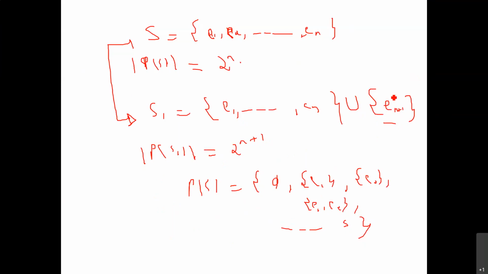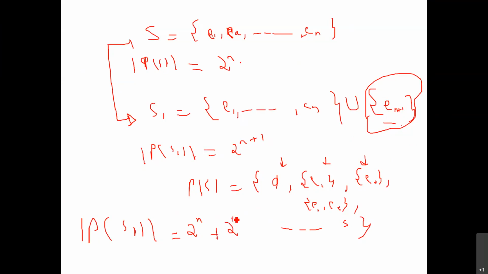The only difference now that we added a new element is that all of these subsets can either have this element with them or without them. So the size of P of S1 is all those previous sets that we already had, and all of those sets with the new element. So also it's going to be another 2 power n.